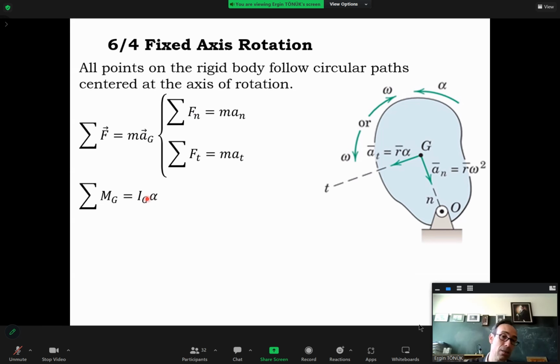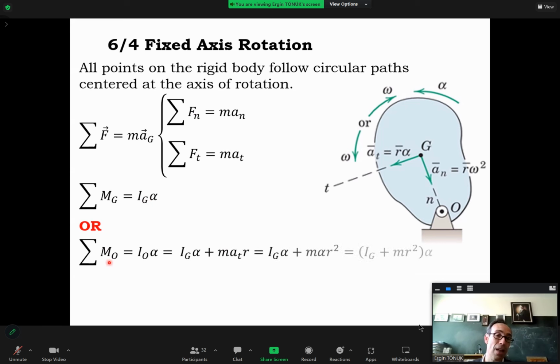But you might want to take moment about the rotation axis. And as we did the derivation, it's mass moment of inertia about the rotation axis times alpha. And to show that it's so, actually the general formula said it's Ig alpha plus the moment of m a_G about the rotation axis, or about the point you use. So this is what we will have.